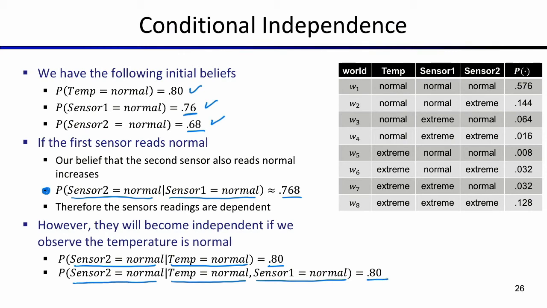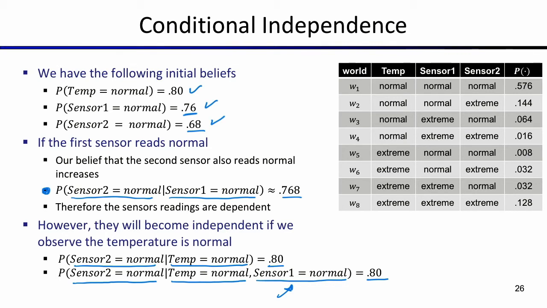The explanation is that temperature being normal is enough information for us to figure out the probability of sensor 2 being normal. And sensor 1 being normal, this extra information, does not change our belief and does not add value to what we already knew. So it continues to be 0.8.